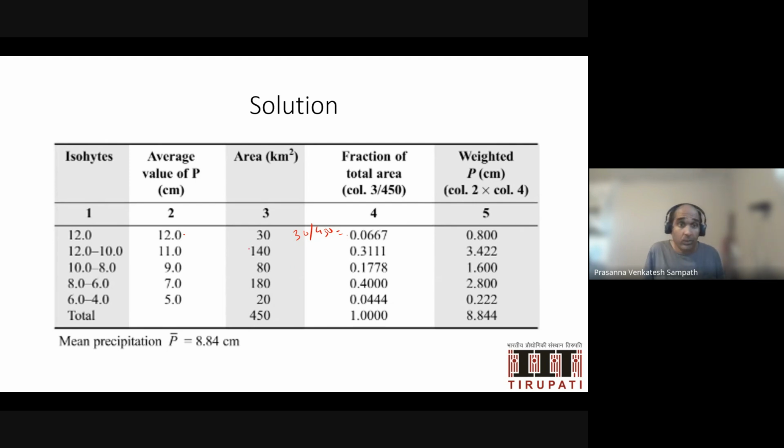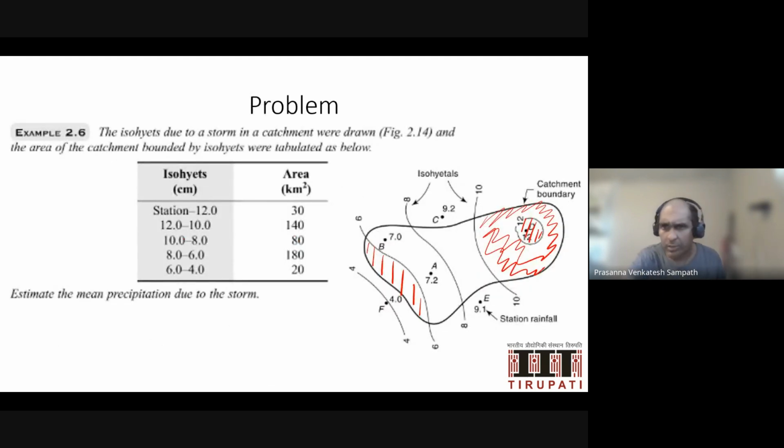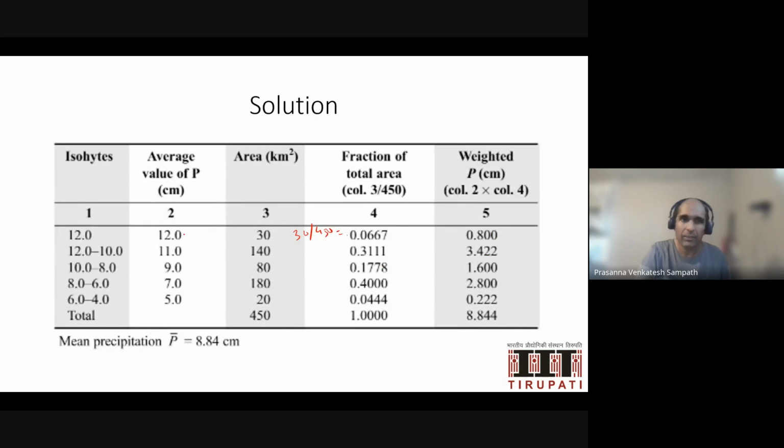The first one, there was a station right in the middle. If you look at the figure, there was a rainfall gauge station here, which had a rainfall of 12 centimeters. And the isohyet was actually a circle. So that entire area is receiving 12 centimeters of rainfall. Right. So therefore, I can use the entire area, and the average itself is 12.